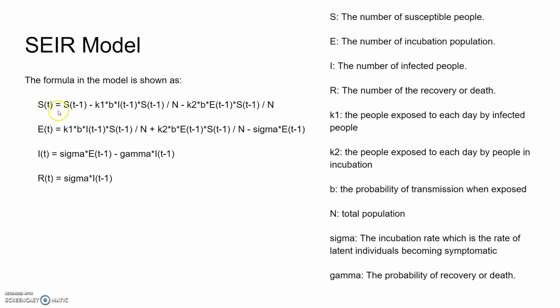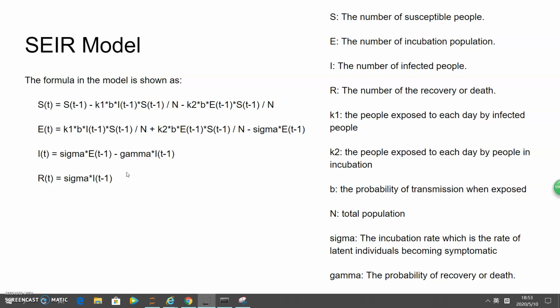First is S_t equals S_{t-1} minus K1 times B times I_{t-1} times S_{t-1} divided by N, and then minus K2 times B times E_{t-1} times S_{t-1} divided by N. E_t equals K1 times B times I_{t-1} times S_{t-1} divided by N plus K2 times B times E_{t-1} times S_{t-1} divided by N minus sigma times E_{t-1}.